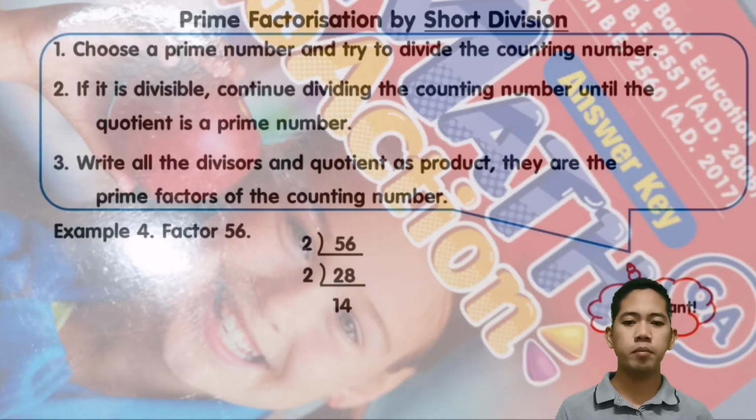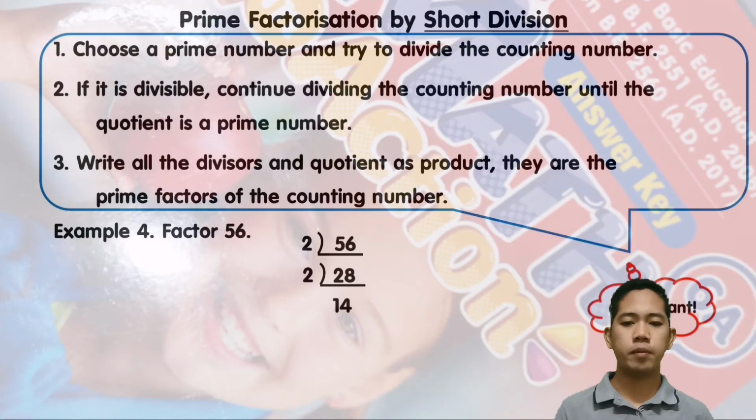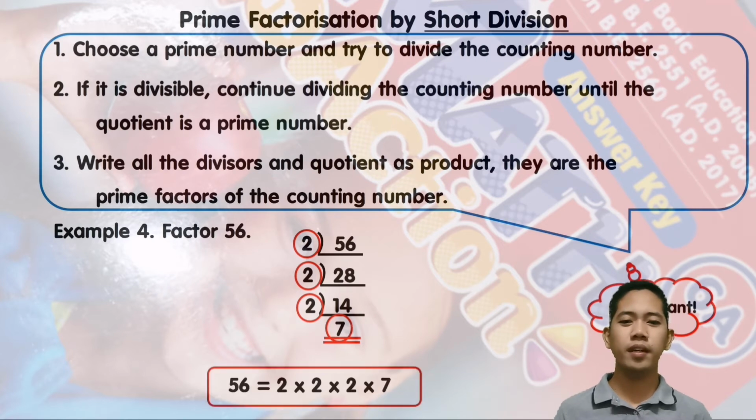Is 14 a prime number? No. That means continue dividing until we get a quotient that is a prime number. And 14 is divisible by 2. And what is the answer, students? Yes, it is 7. And 7 is already a prime number. That means we're done. 56 is 2 times 2 times 2 times 7.